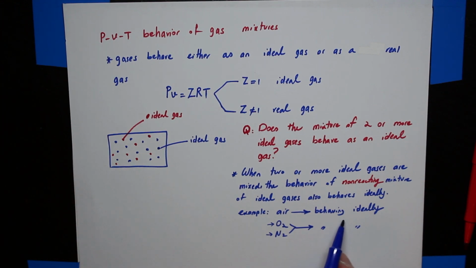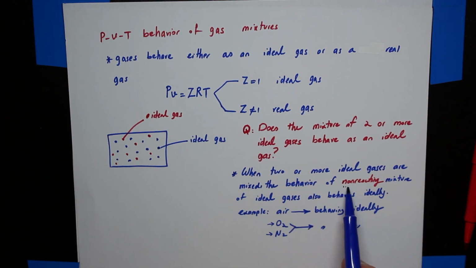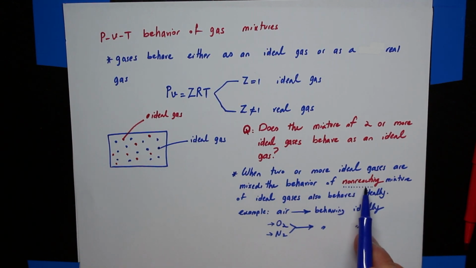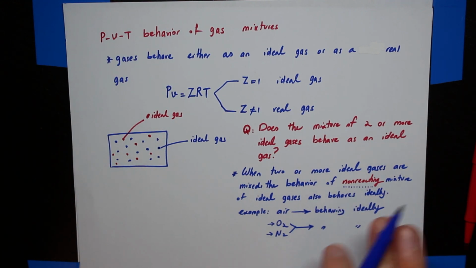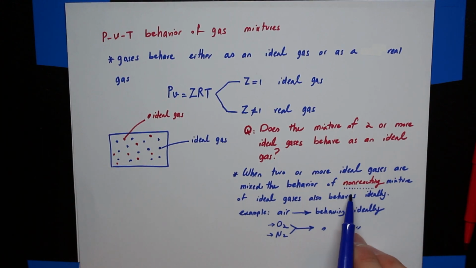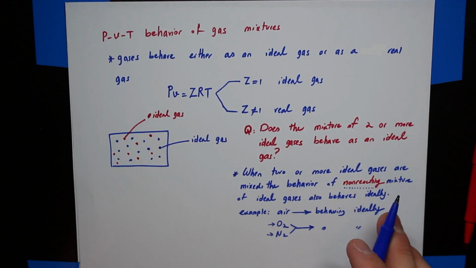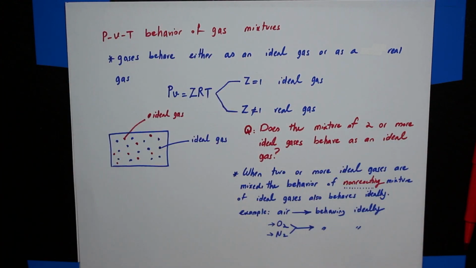At the end of the day, if we have components which are already behaving ideally, their mixture is behaving ideally as long as there is no reaction between the two or three or more components. If there is a reaction between them, let's say a combustion, then that's another story. But in our course, we are not really discussing combustion or any other sort of reaction. So if we have components which are behaving ideally, their mixture is also behaving ideally.